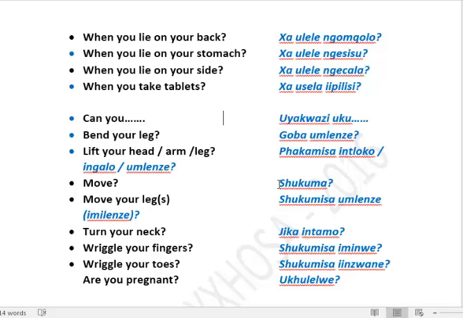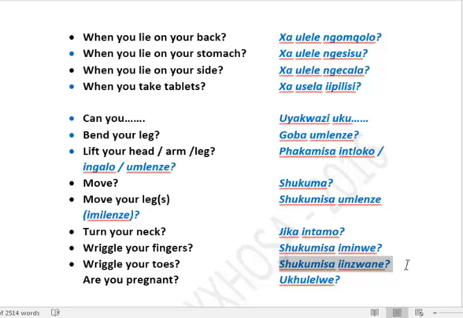Uyakwazi ukushukuma, can you move? Uyakwazi ukushukumisa umlenze or imilenze, can you move your leg or legs? Uyakwazi ukujika intamo, can you turn your neck? So intamo is the neck. Uyakwazi ukushukumisa iminwe, can you wriggle your fingers? Iminwe.